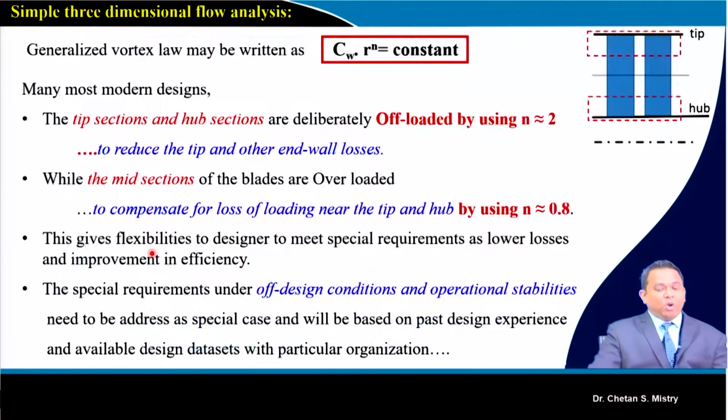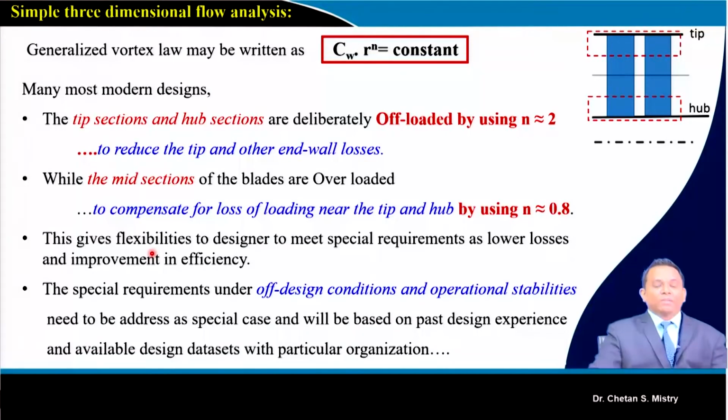Now, what we have learned is that in the most modern designs we have a lot of flexibility in doing the design. You apply your law for the design, and based on that you make the blades for rotor as well as stator, and if it works fine and gives the performance you are expecting, that is your design.